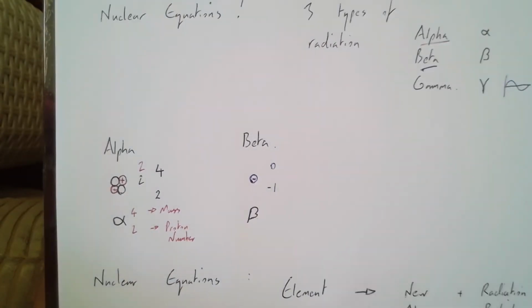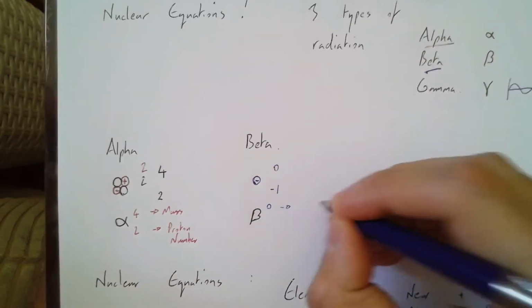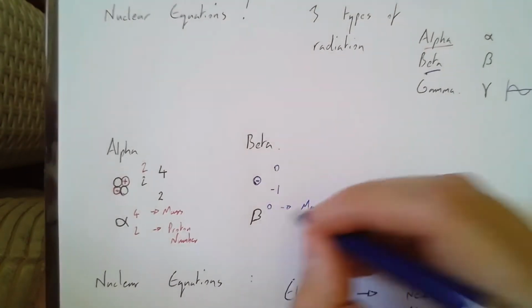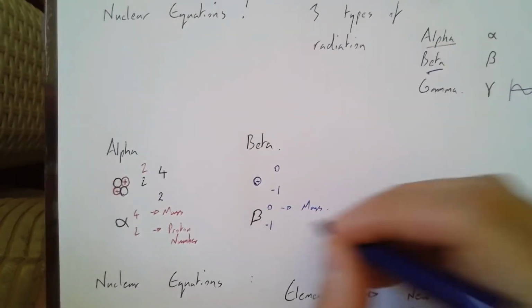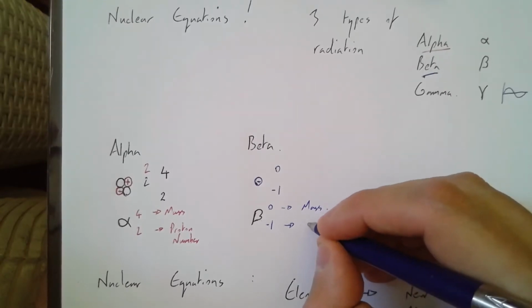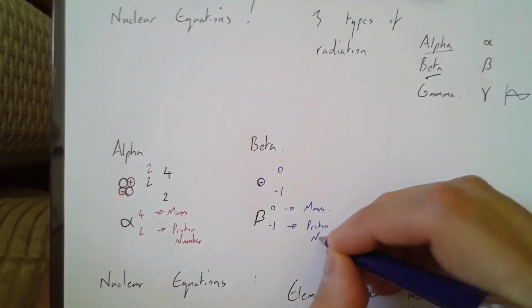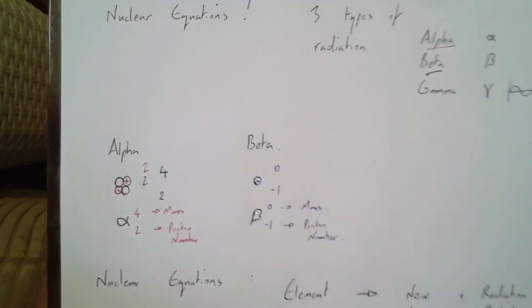And then when we have our beta particles, it will have 0 as its mass, and at the bottom you will have a charge of -1, where the proton number would normally be.